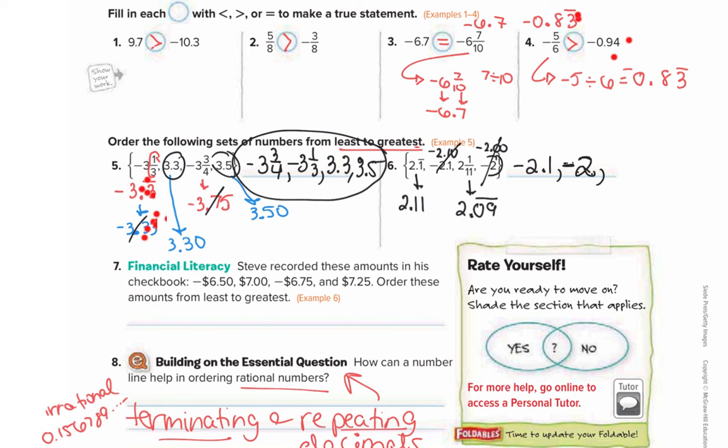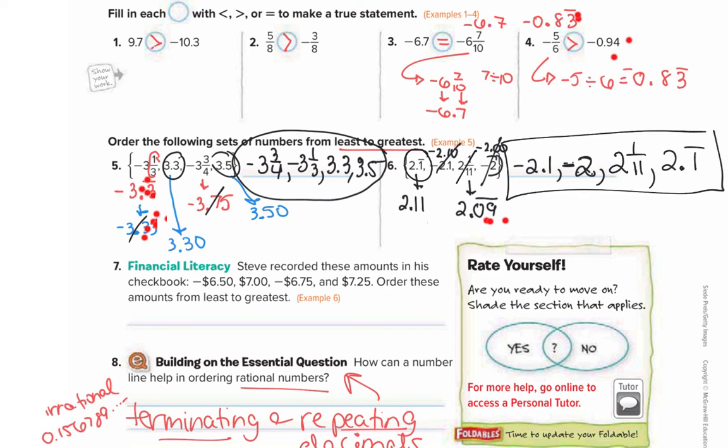Okay, then we have our positive numbers. So we have 2.11 and 2.09. So this is like 2.09 and 2.11. 9 is less than 11. So 2.09 is our next least, which was 2 and 1/11. And then lastly, we have 2.1 repeating. So this is least to greatest.